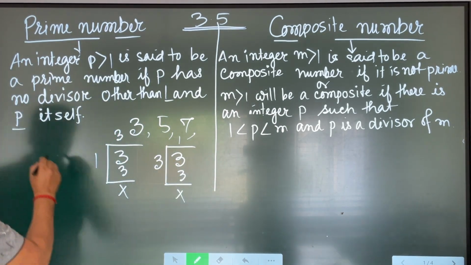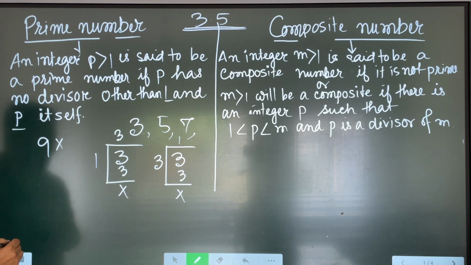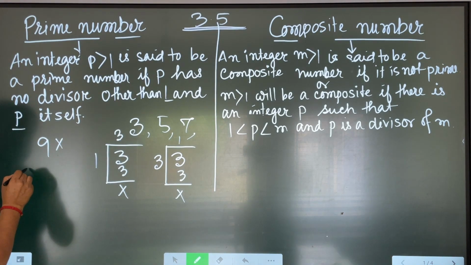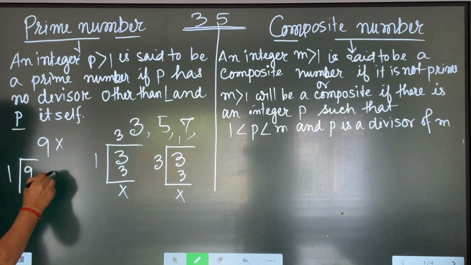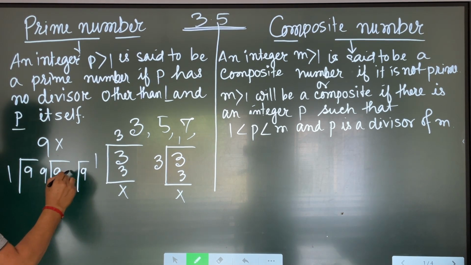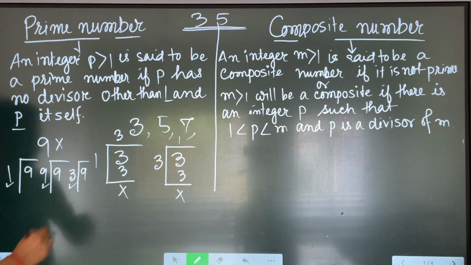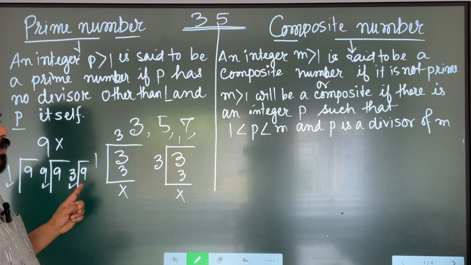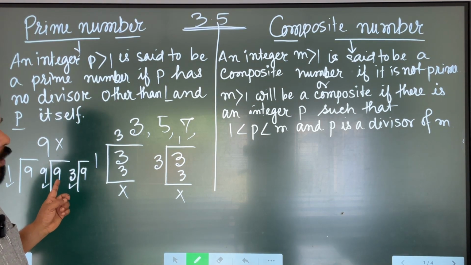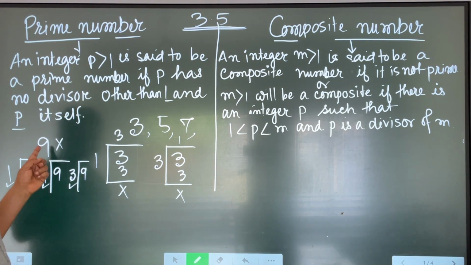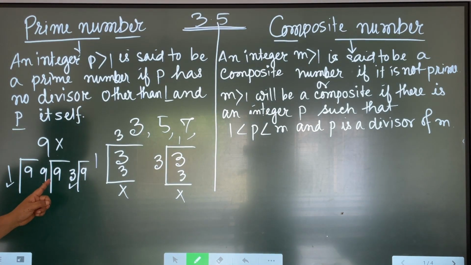As 9 is not a prime number. Why is 9 not a prime number? 9 can be divided by 1, by 9, and also by 3. We have got 3 divisors. Since we have got 3 divisors, 9 is not a prime number.